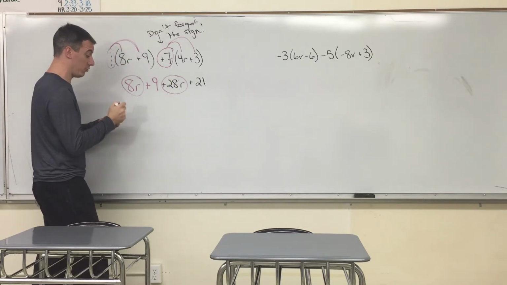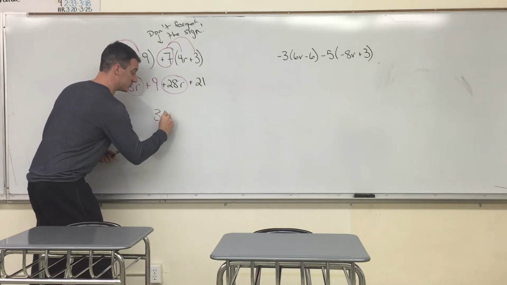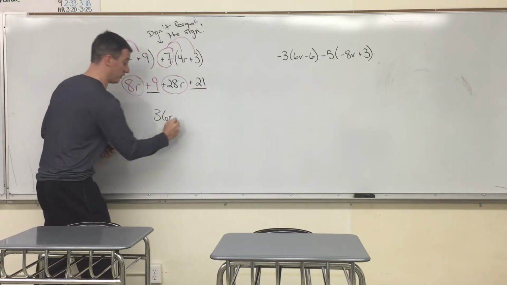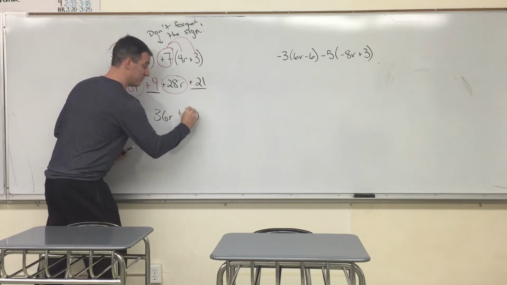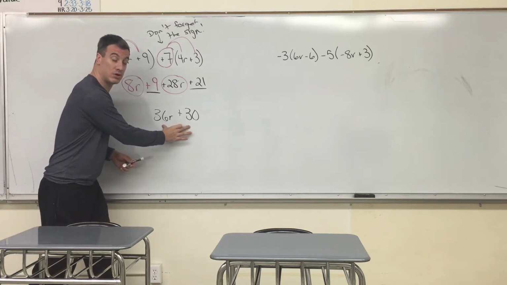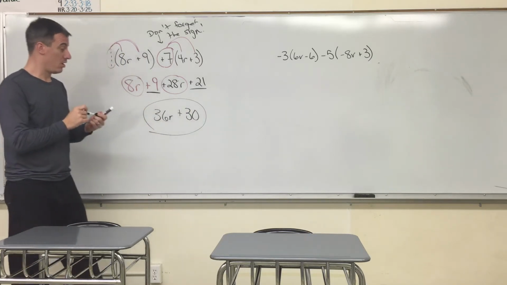So 8r plus 28r is going to be 36r. I have positive 9 and positive 21, so I have positive 30. I look, I have no more like terms, so this is my simplified answer.